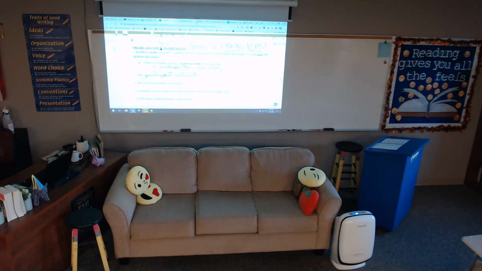If you're struggling to find the verb, flip your paper over. There's a list of the linking verbs on the front side of your paper at the top. Use it. It's there for you guys to use.